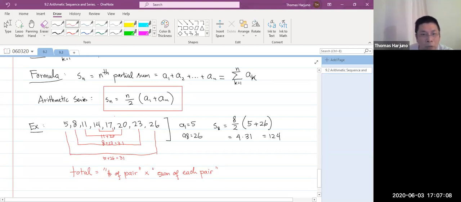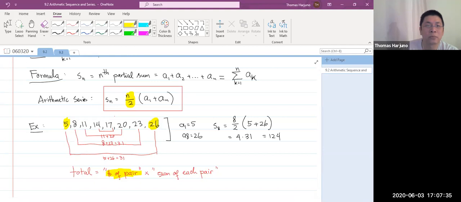Each pair takes two terms, right? So the number of pairs will be the number of terms divided by 2. And then the sum for each pair, because each pair has the same sum, all I need to do is get the first term and the last term added together. Okay, that's why we come up with that formula.